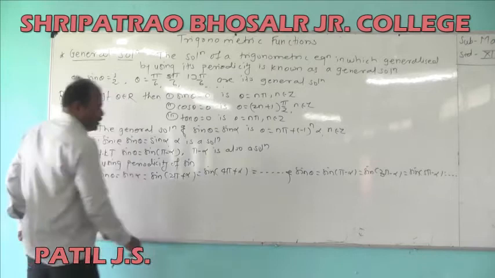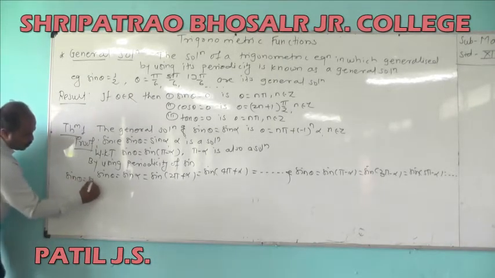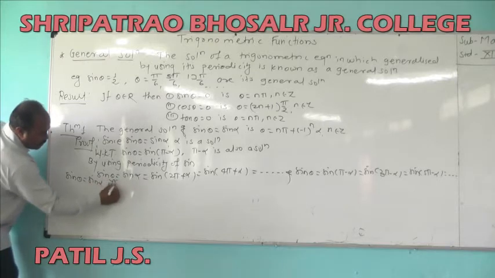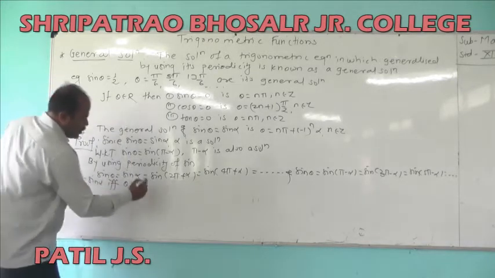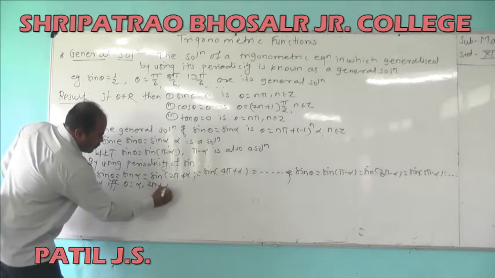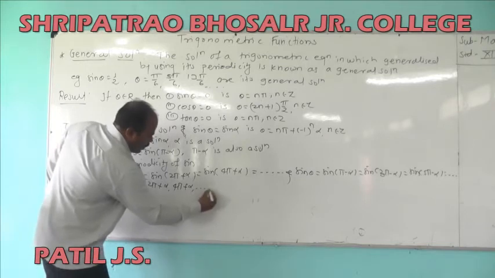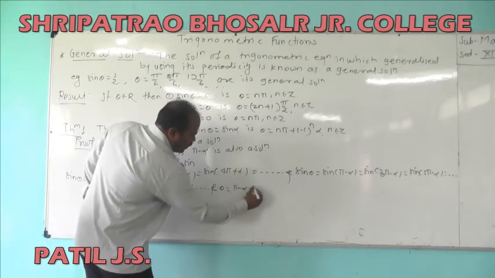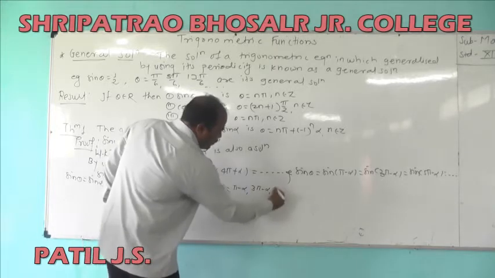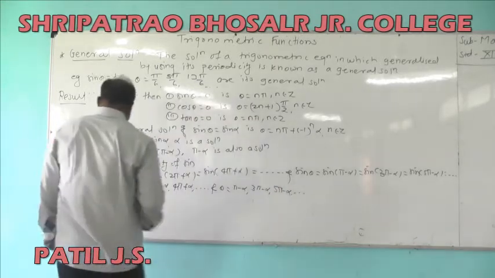Combining both, sin theta is equal to sin alpha if and only if theta is equal to alpha, 2 pi plus alpha, 4 pi plus alpha, and so on, and theta is equal to pi minus alpha, 3 pi minus alpha, 5 pi minus alpha, and so on.